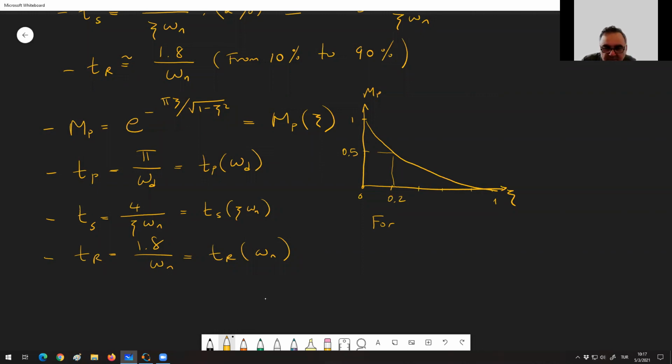You can approximate this for zeta between 0 and 0.6 or something like this; the maximum overshoot can be approximated by 1 minus zeta over 0.6, if you like. So it is more or less a straight line curve, as you see here.